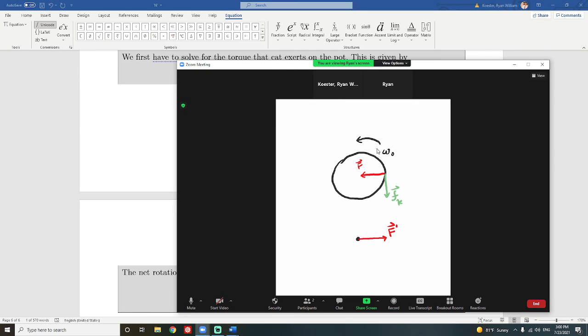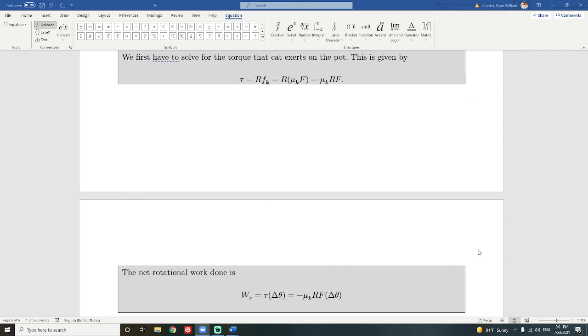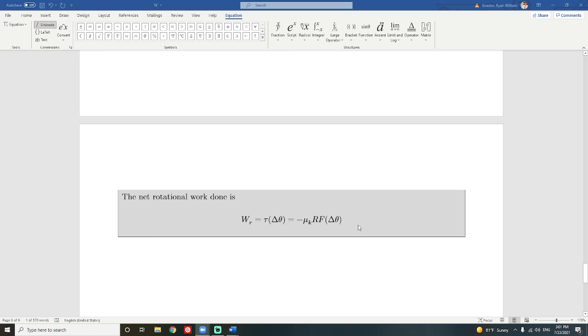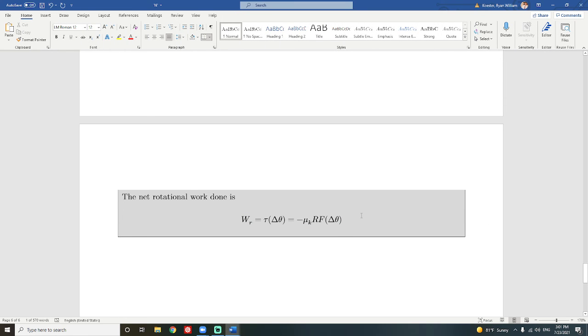Where this is rotating counterclockwise, and the torque associated with this force is going to tend to make it rotate clockwise, right? And so we just have to remember to be careful with our signs. Okay, so there's that. Then we just fill this in basically, right?